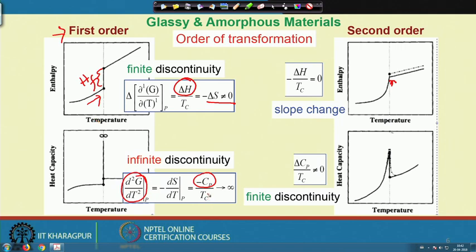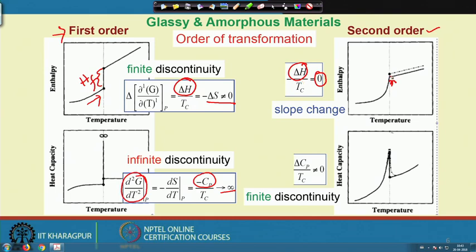And in case of the change in the heat capacity for the same phase transition, this goes to infinite, an infinite discontinuity. In case of second order, the delta H change is basically 0.